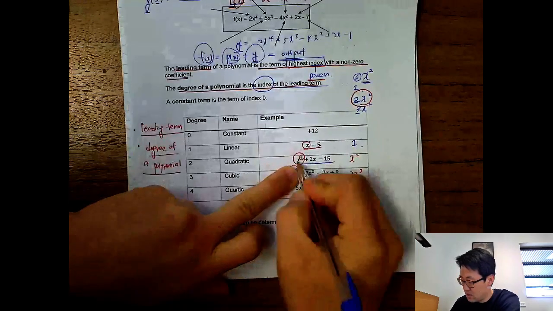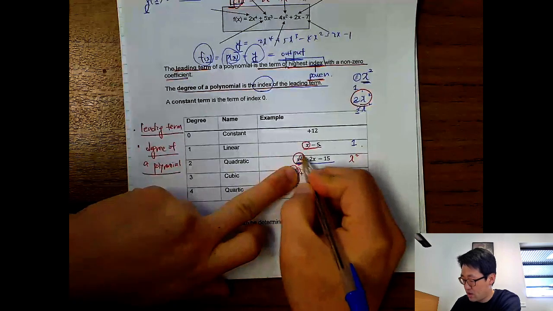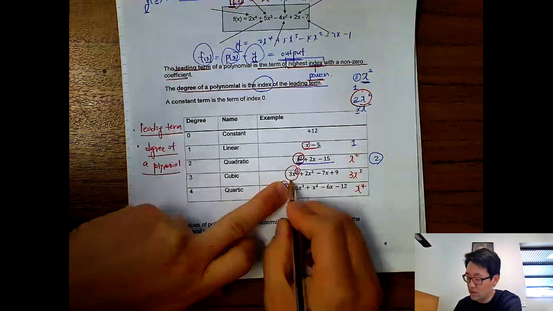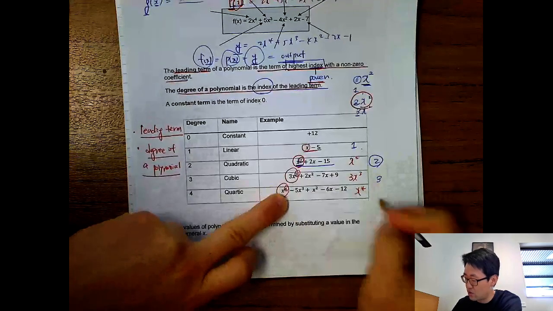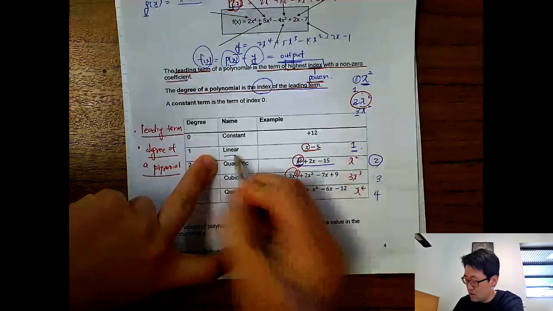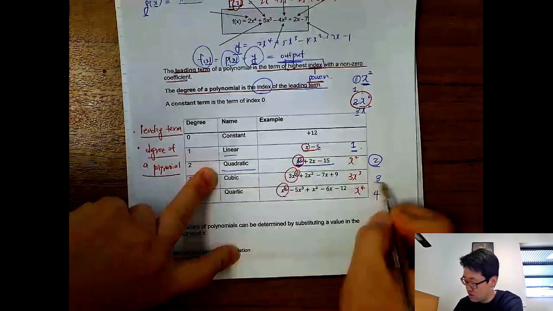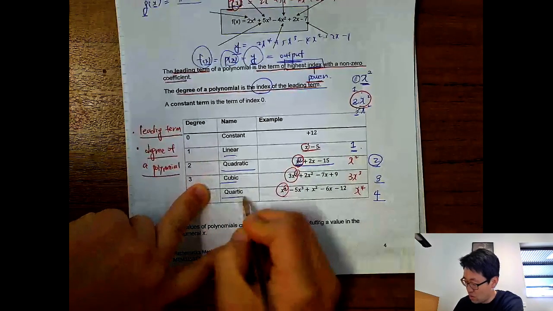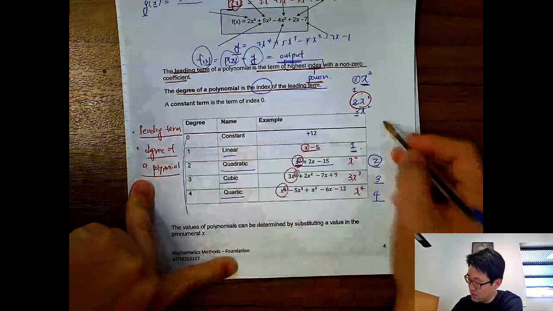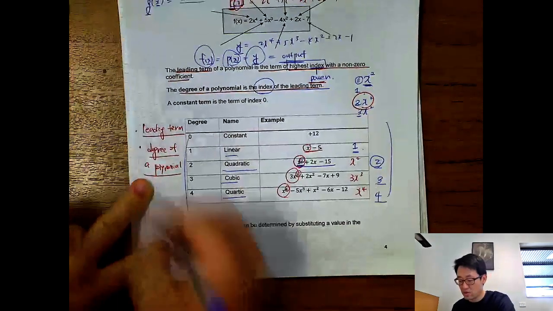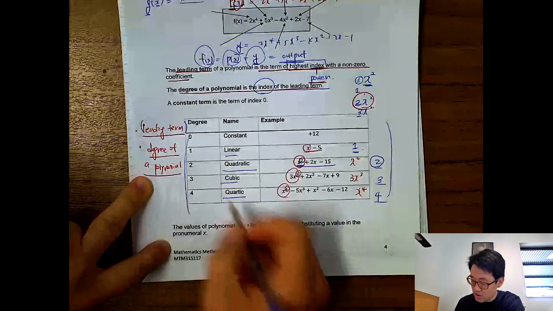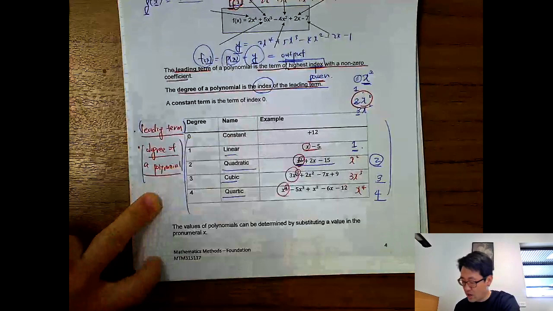In this case, the highest power is x squared, so the degree is 2. Next one the degree is 3, the degree is 4. The highest degree will make 1 linear, 2 quadratic, 3 cubic, 4 quartic. Simple enough for you guys? Please make sure you know what the leading term is. Write it down in your exercise book, and the degree of a polynomial.